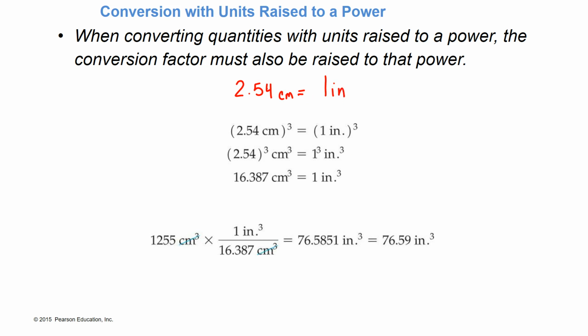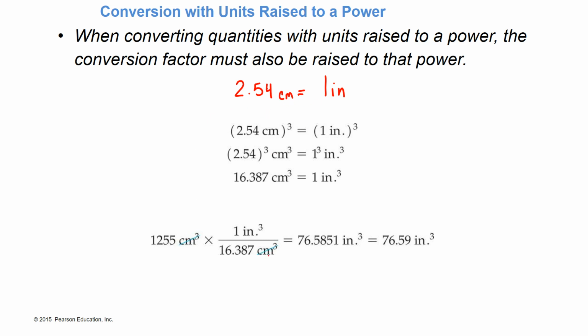But if we're dealing with cubic things, like volume, or even if we're doing area where it's a squared unit, when we look at the conversion factor, if we're looking at it in terms of volume, we actually have to cube the conversion factor as well.